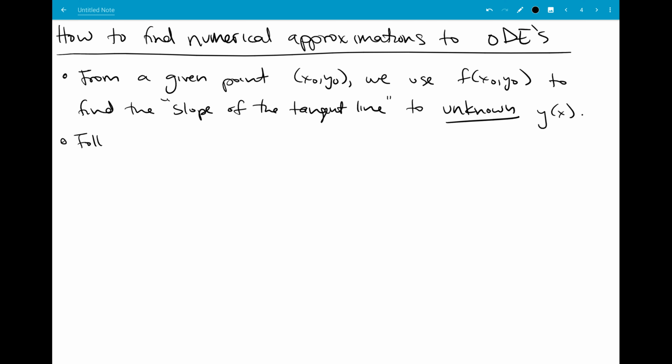And then we can follow that line to recreate y of x. That's kind of how we approximated the differential equation solution curves graphically. You could have used the exact same description, but we're going to be doing it algebraically now. And we're going to do that by implementing Euler's method.